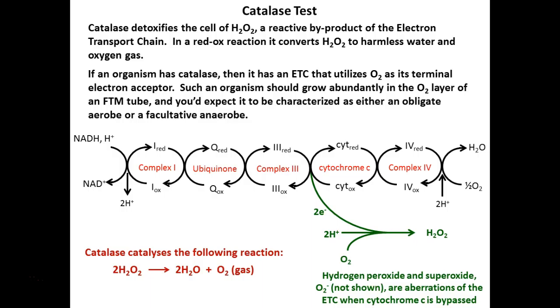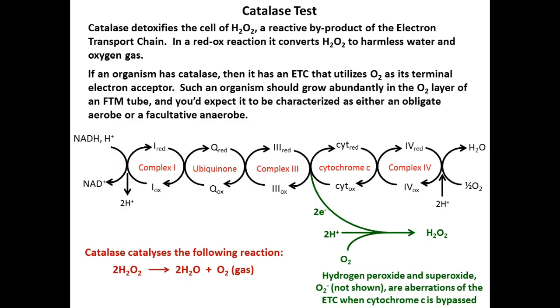Now, her organism has another enzyme we didn't test for, which will generate small amounts of hydrogen peroxide when superoxide radicals are present. That's superoxide dismutase, right? But it doesn't need catalase because it's not generating a whole bunch of this, because it's not using the electron transport chain.